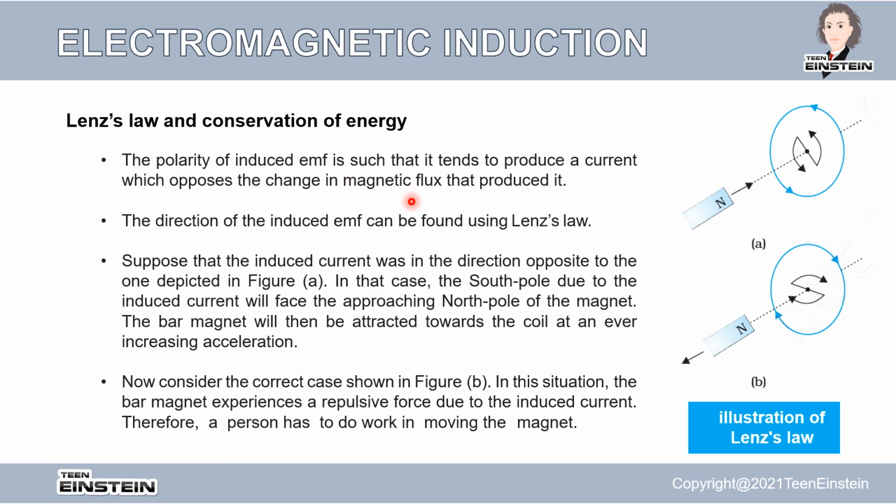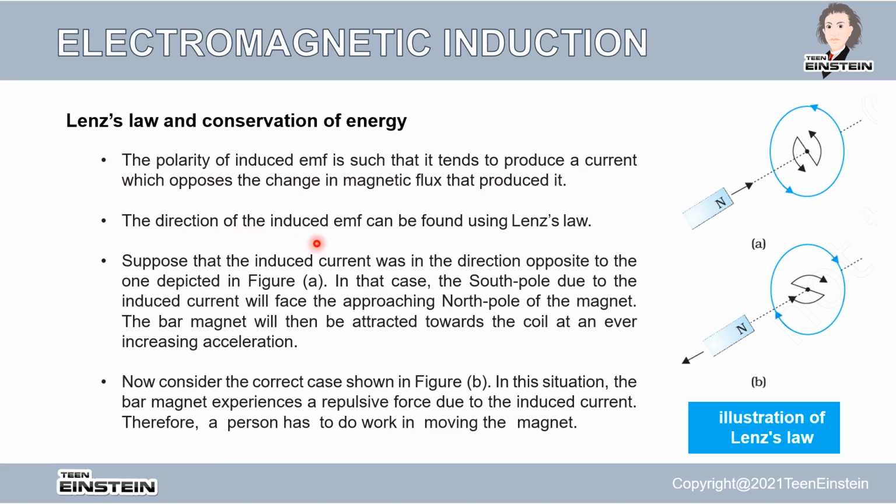It is almost like it doesn't want the magnetic flux to change, so it induces a current which tries to oppose this change. So the polarity of induced EMF is such that it tends to produce a current which opposes the change in magnetic flux that actually produced the current.